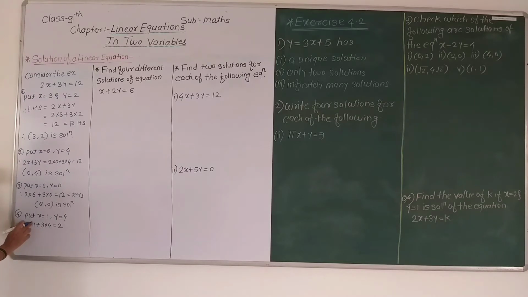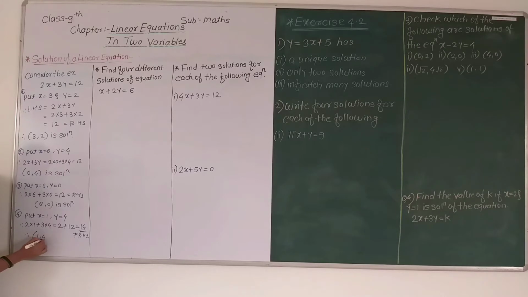If I put x is equal to 1, I get 2, and after that 3 into 4, 4 3s are 12. 12 plus 2 is 14, which is not equal to RHS.